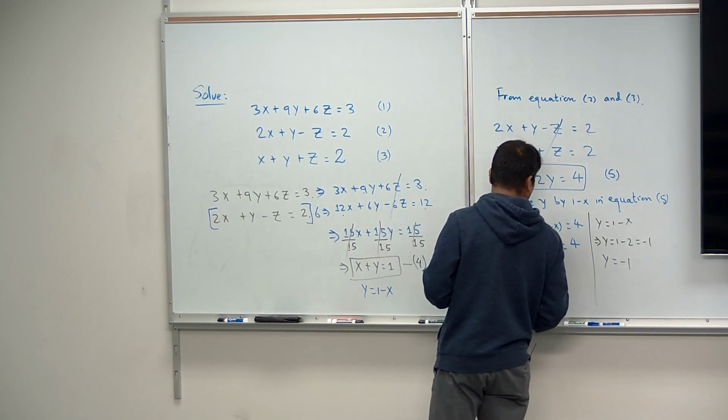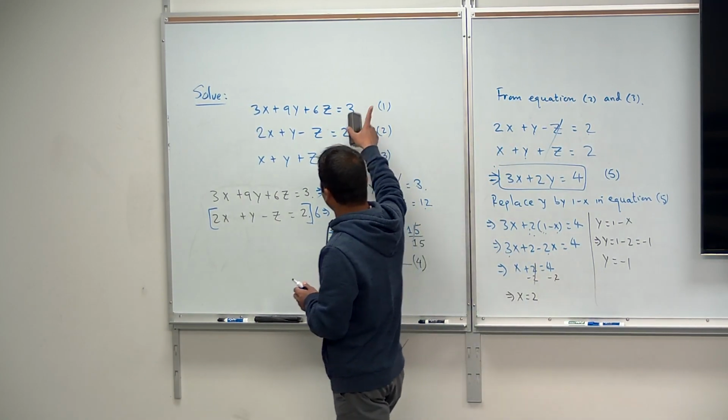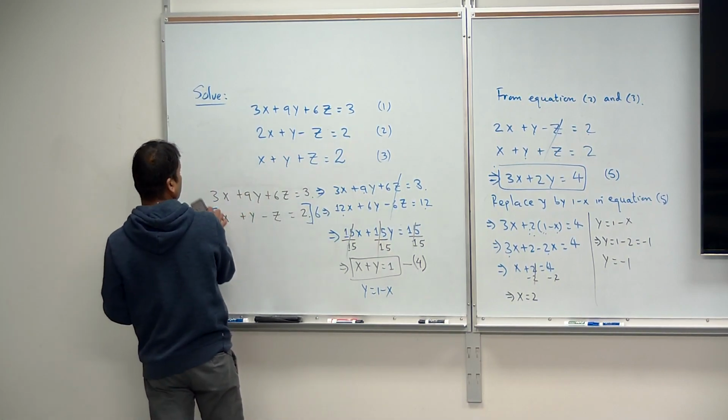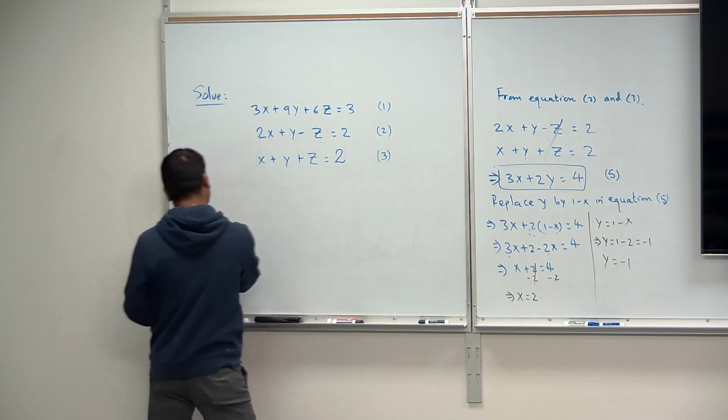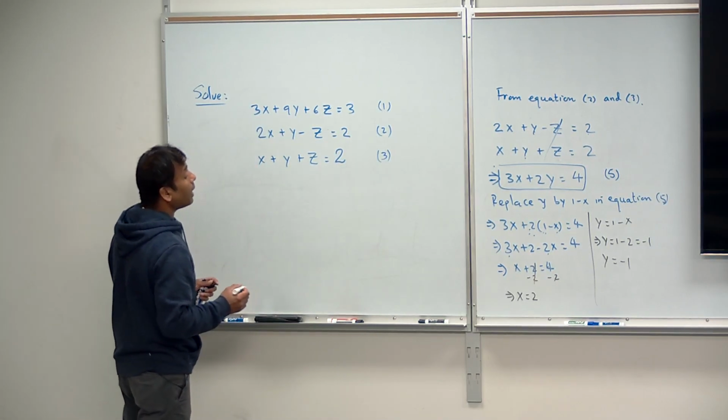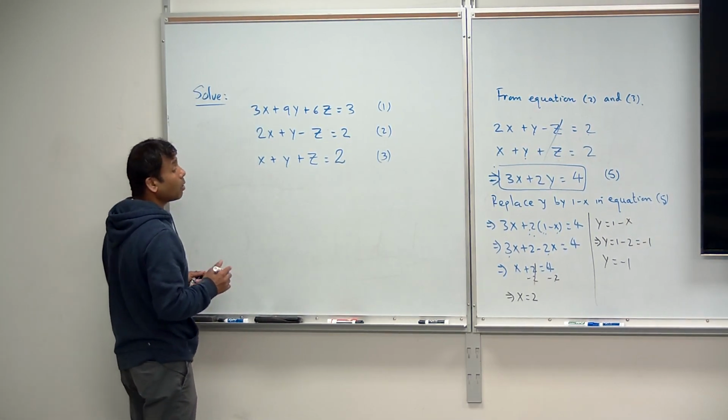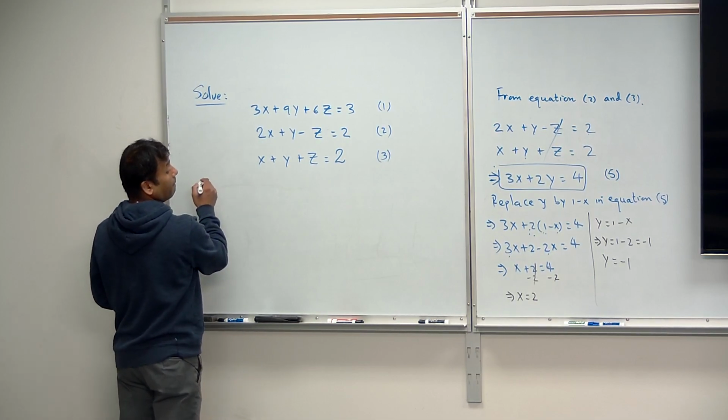And then you have to plug in 2 and -1 in any one of these three equations to get the value of z. So you plug in x equals 2 and y equals -1.